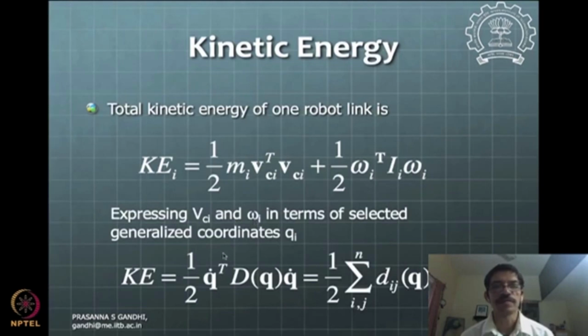Once we do that, you get the kinetic energy as a summation of d_ij q_i dot q_j dot elements. Now we start off with our Lagrange formulation based on this expression.